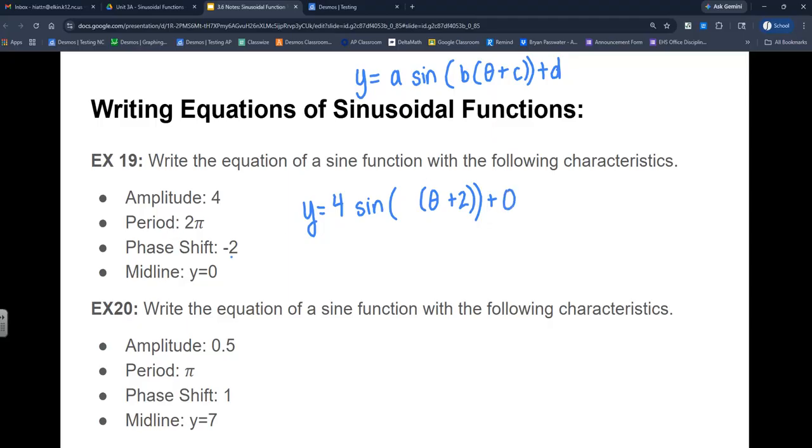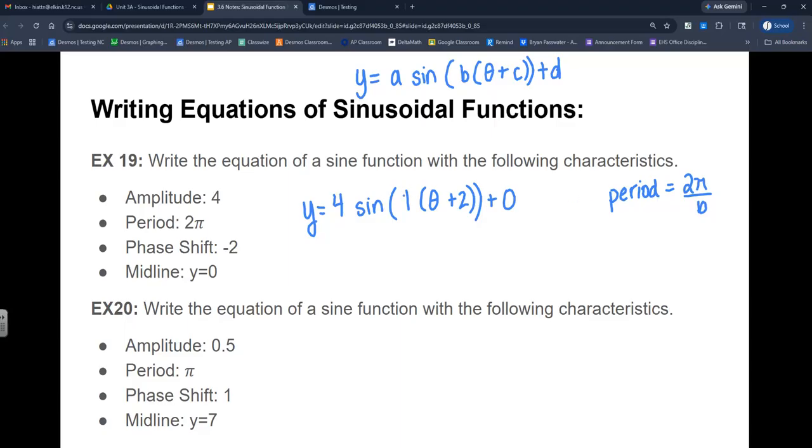Notice I kind of stopped here with the period. My period is 2 pi. What I see kids do incorrectly a lot is they put the 2 pi right here. But to find period, we do 2 pi divided by that b value. So if my period is 2 pi, then that just means my b value was 1 right there.